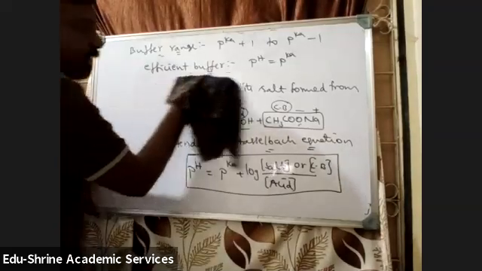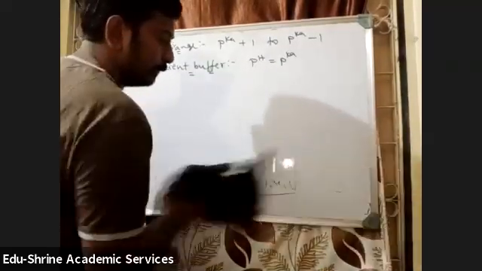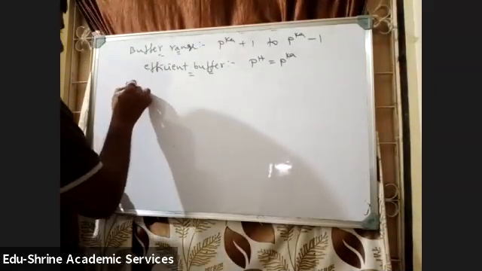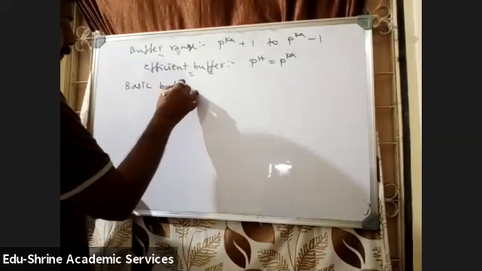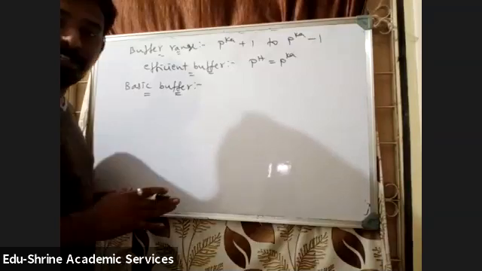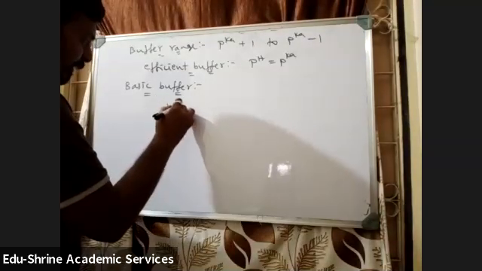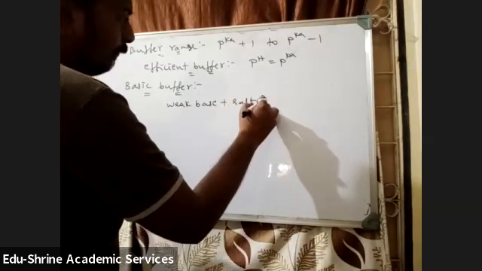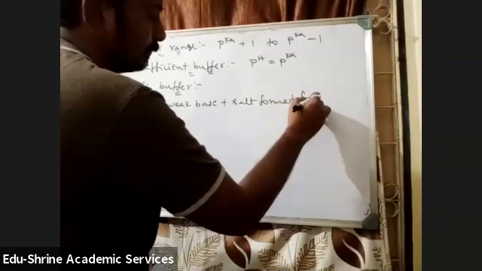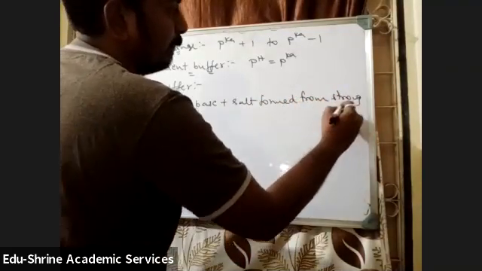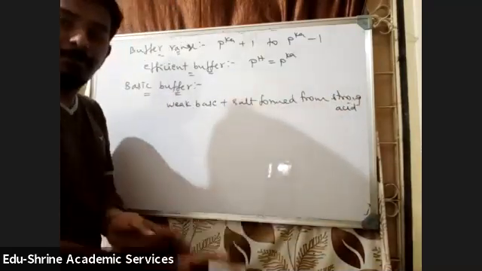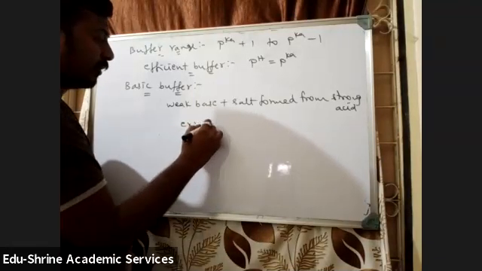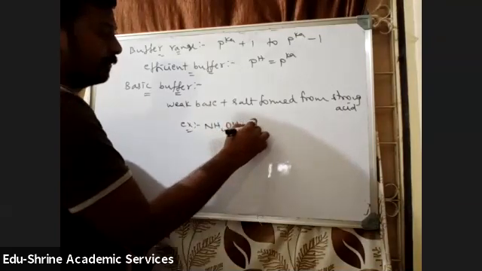In the same way, we have basic buffer. Basic buffer means it is a mixture of weak base plus a salt formed from a strong acid, like NH4OH plus NH4Cl.